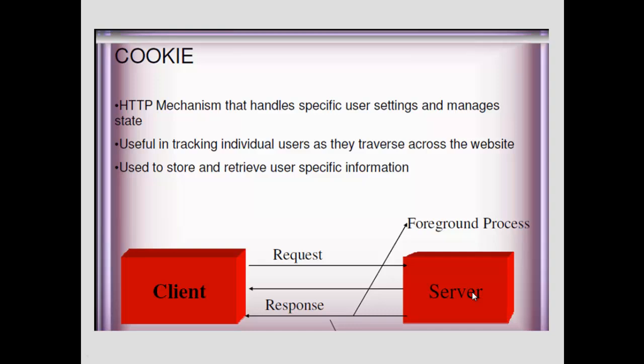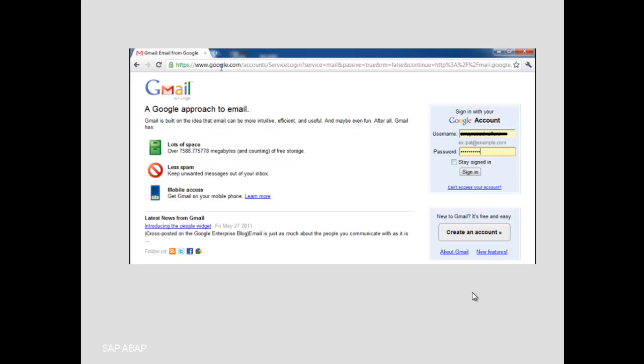Have you ever gone to the Gmail or any application for that matter where they remember your password? Something like this. Here, this is the login page of Gmail where Gmail typically remembers your username and then password.